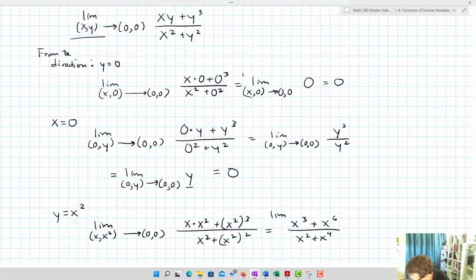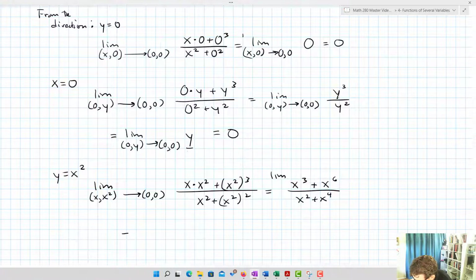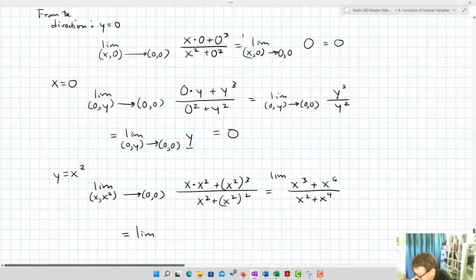And that's our limit. I'll just write in limit for right now. You get that it's still x squared versus (0, 0). And so this is going to then be the limit, and we can factor out an x squared out of everything.